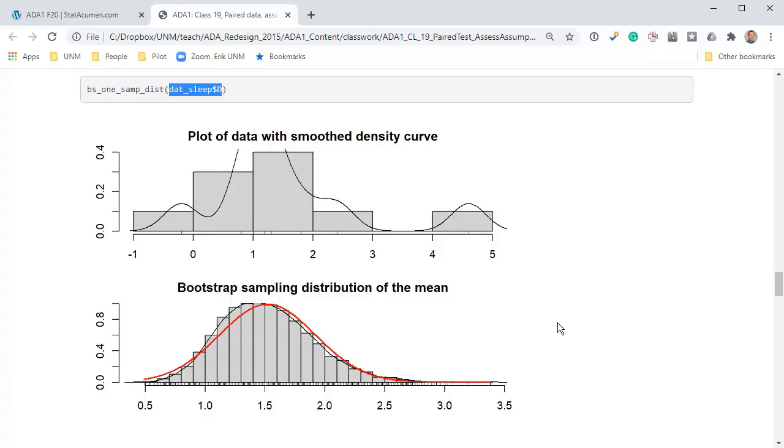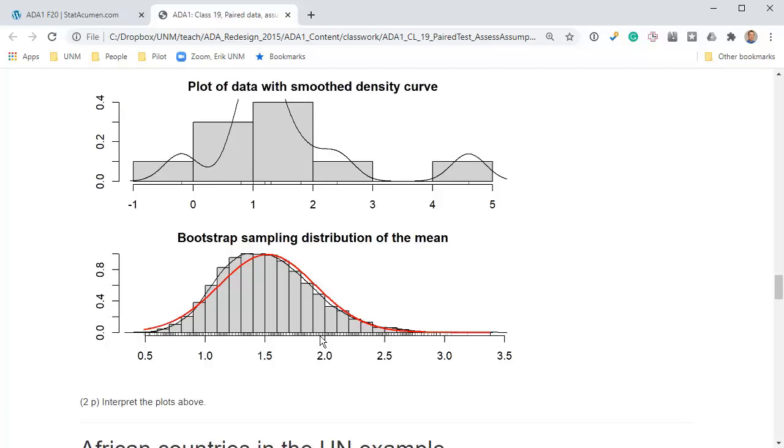So interpret the plots above. I've sort of said all those things already. We have one outlier to the right in our sample, which causes right skewness in the sampling distribution, which causes deviation from the normal curve.